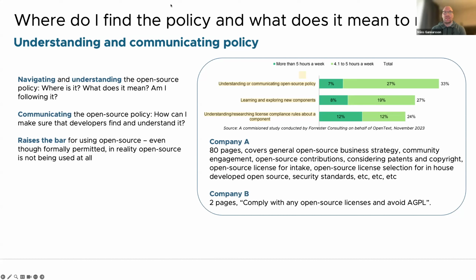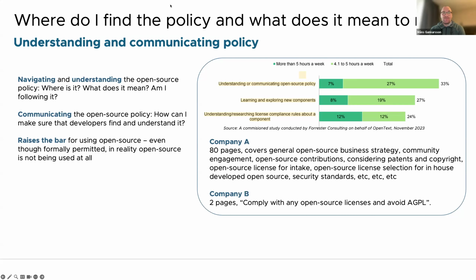While another company might have a 1 or 2 page policy that basically says, please comply with any open source licenses and also avoid AGPL because that's problematic for us.